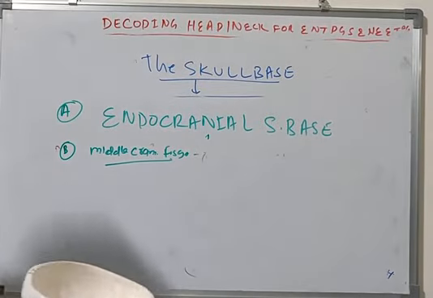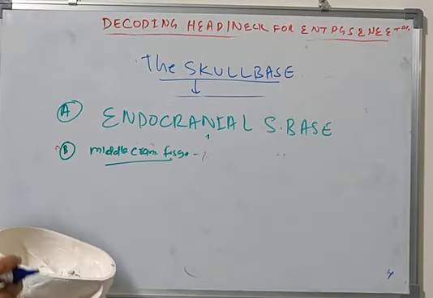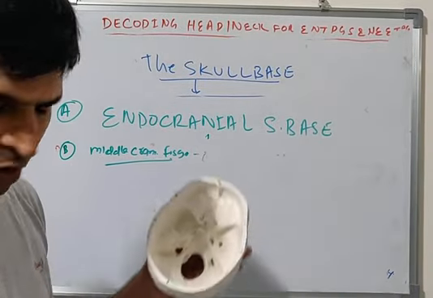Now, below this and lateral to this, you find the superior orbital fissure. Now, the structures passing through the superior orbital fissure. If you draw the diagram, it is like this.